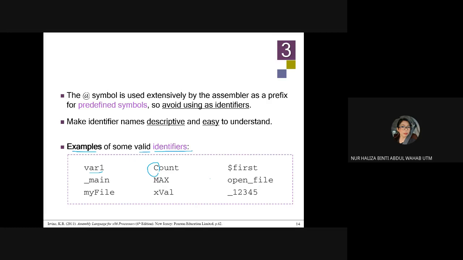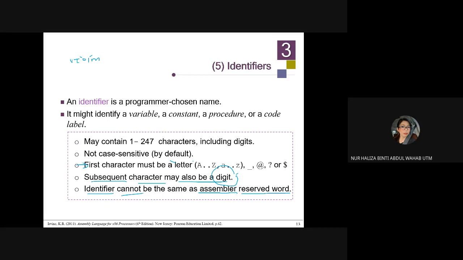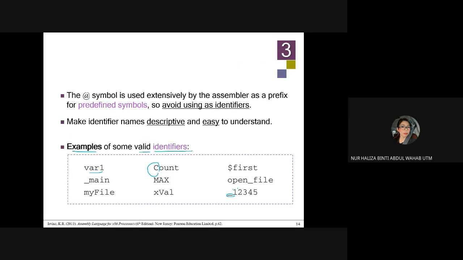And you cannot start it with a digit, but you can use a character. This one is still a character, which is an ASCII character. These are all the ASCII characters, so you still can use them.